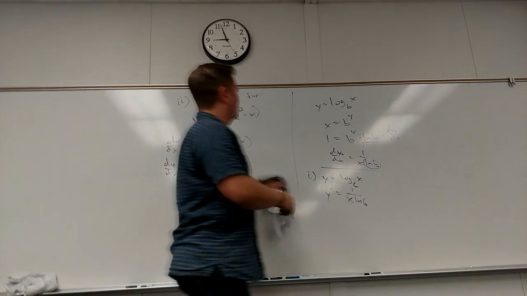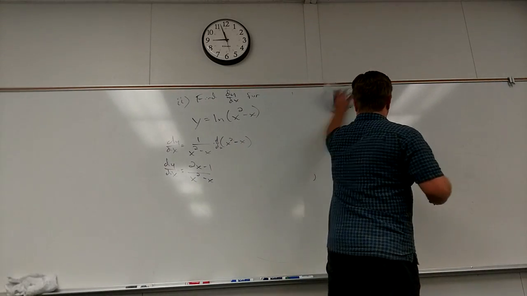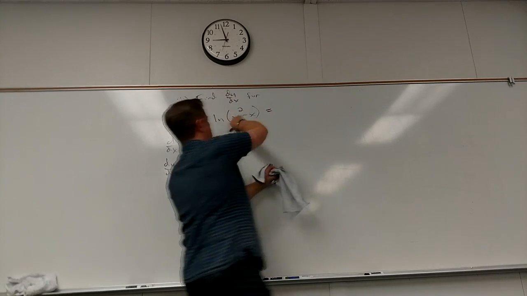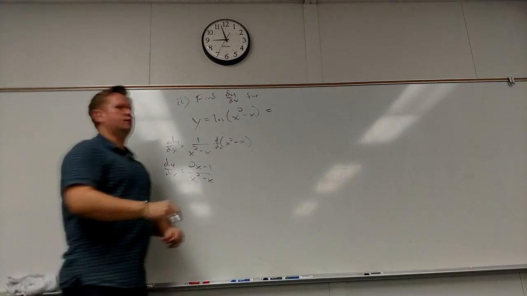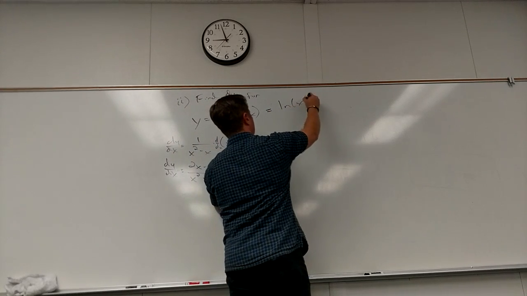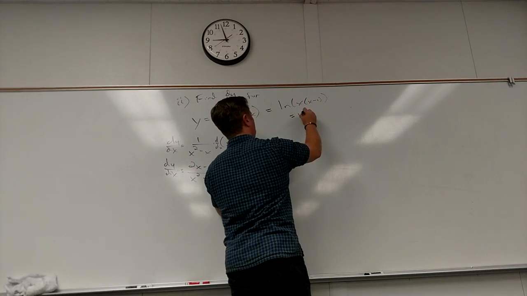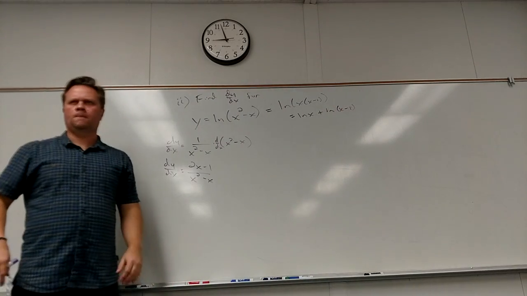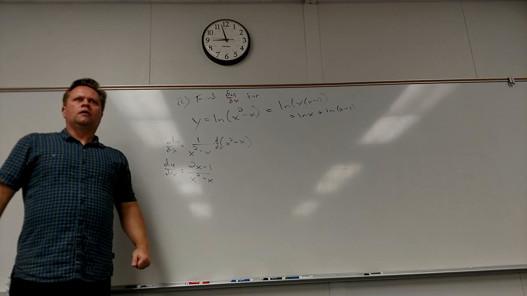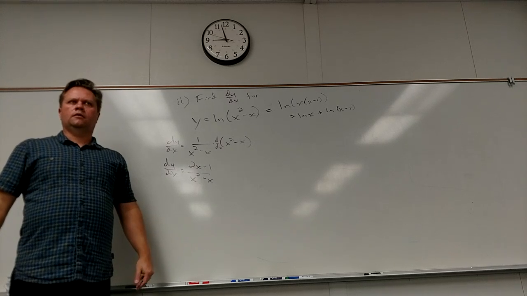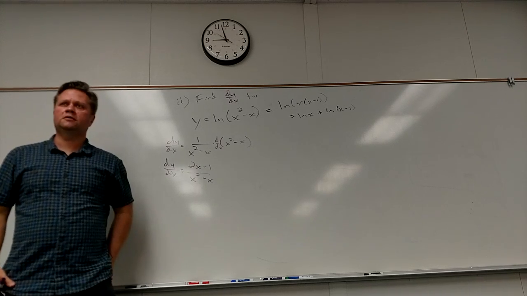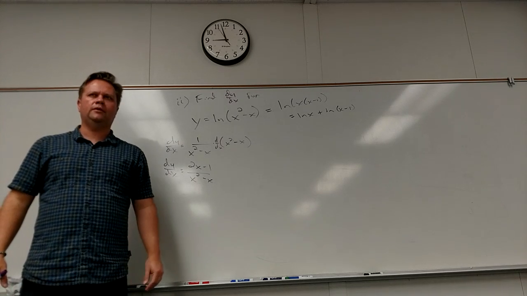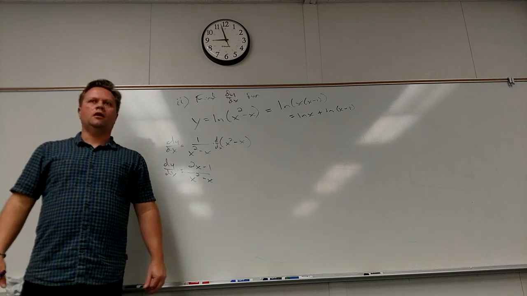Now, I could also have done this like this. What properties could I use here? Because an inside could factor. You guys remember that log property? You've got trig properties, log properties.